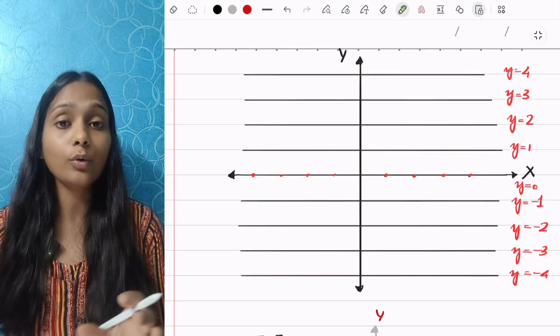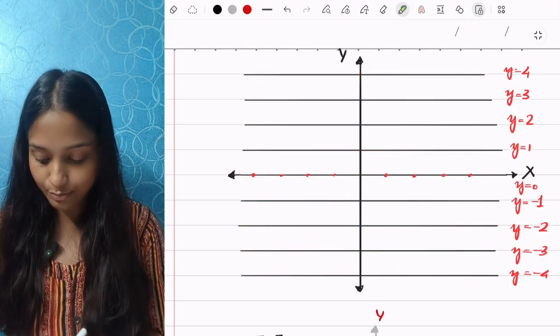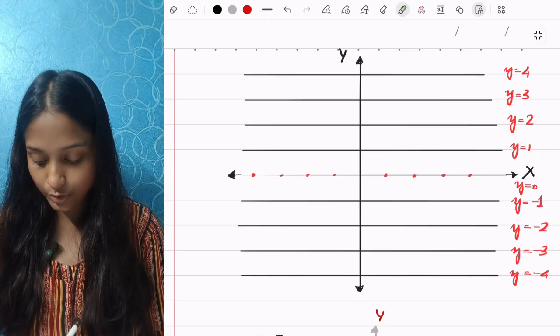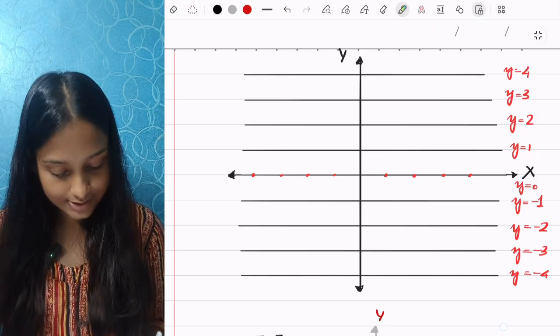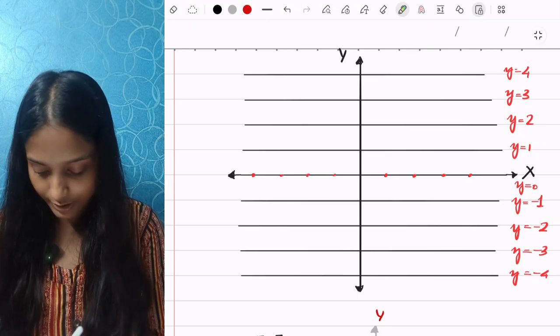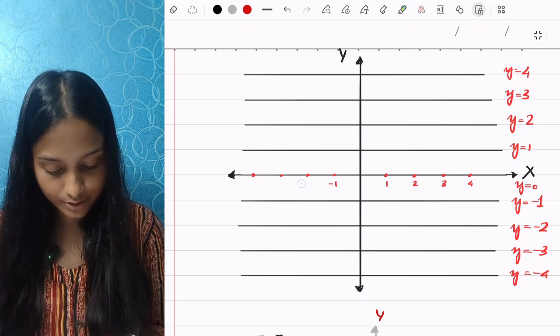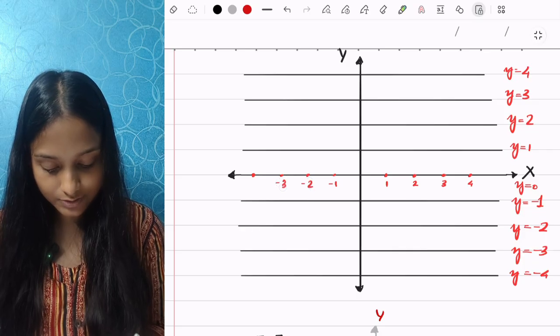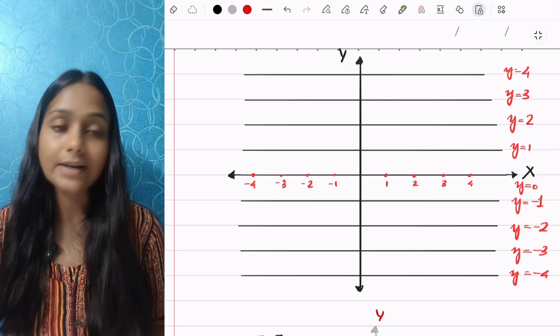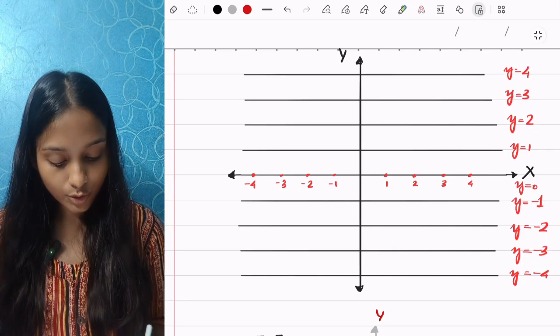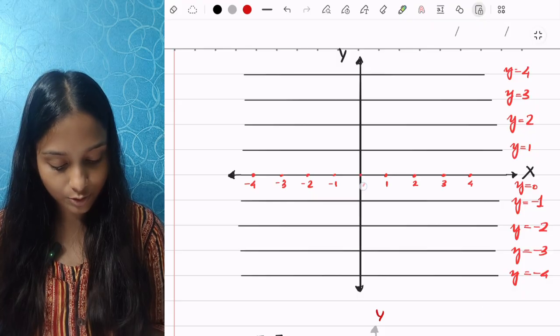Okay. Now we need to take some intervals. So suppose this is 1. Okay, so let me write it down. This is 1, 2, 3, 4, and this will be -1, -2, -3, -4, and so on. And this one is 0.